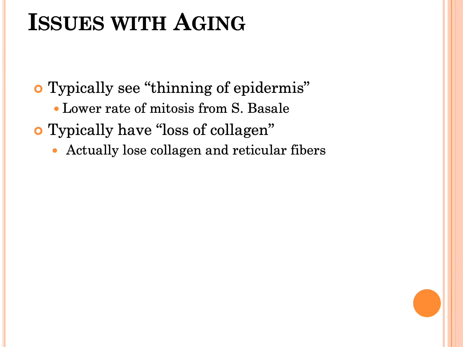The loss of collagen tautness is actually a loss of both collagen and reticular fibers within the dermis itself. This loss of collagen reticular fibers leads to a sagging of the dermis, and the end result of the sagging of the dermis is wrinkling of the epidermis, usually in areas of high motion before areas of low motion.